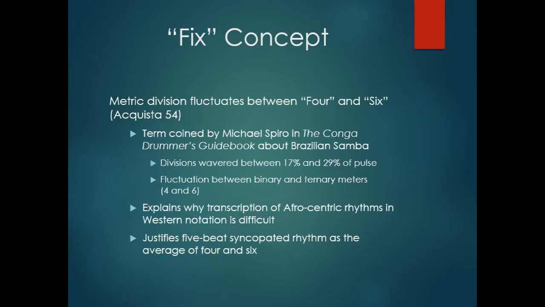He noticed that the division of the beat wavered in the Brazilian samba between binary and ternary meters. So I believe this is why Afrocentric rhythms are difficult to transcribe, because of this fluctuation. And also this justifies the 5-beat syncopated rhythm, because the average of 4 and 6 is 5.